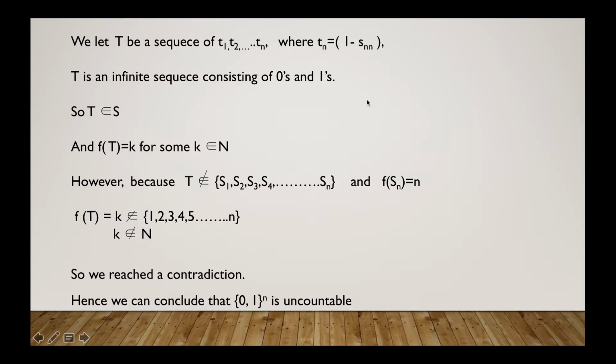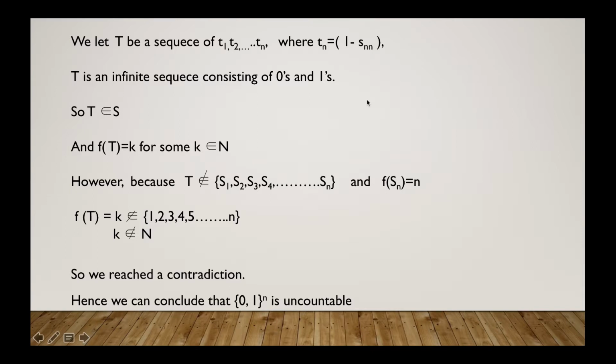Since S sub nn can only equal 0 or 1, 1 minus S sub nn also equals either 0 or 1, but 1 minus S sub nn can never equal S sub nn. Also, T is an infinite sequence consisting of zeros and ones. This means that T is an element of set S, and also it is true that f(T) is equal to a natural number k.